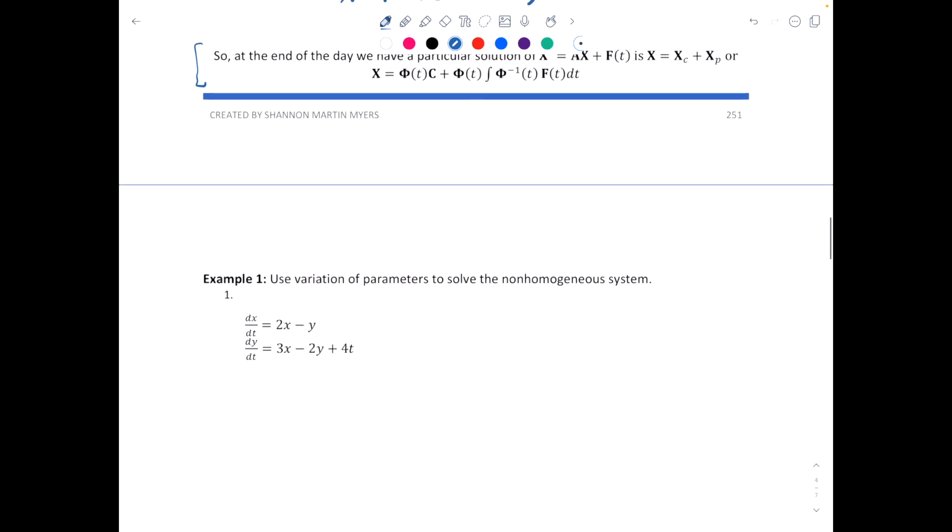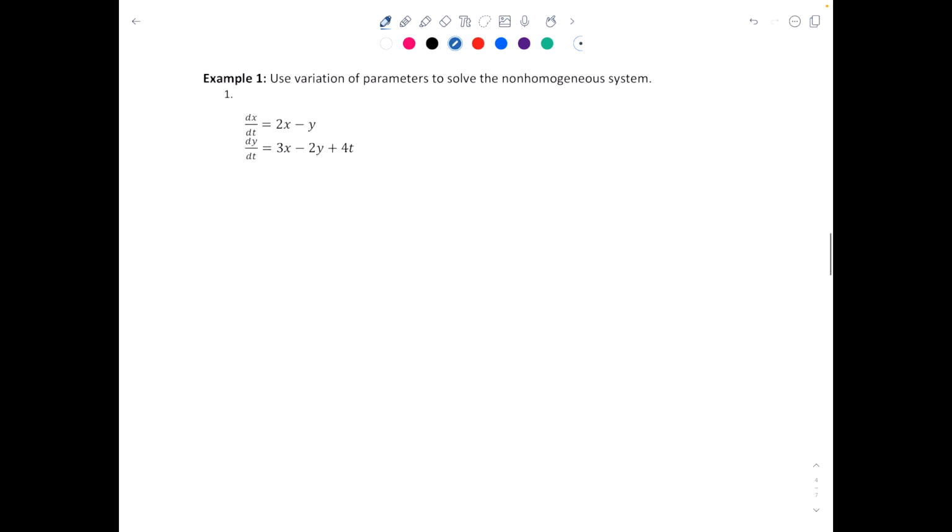And let's take a look at an example. All right, so use variation of parameters to solve the non-homogeneous system. So here we go. We have dx/dt is 2x minus y, and dy/dt is 3x minus 2y plus 4t. So let's write down what all we know.